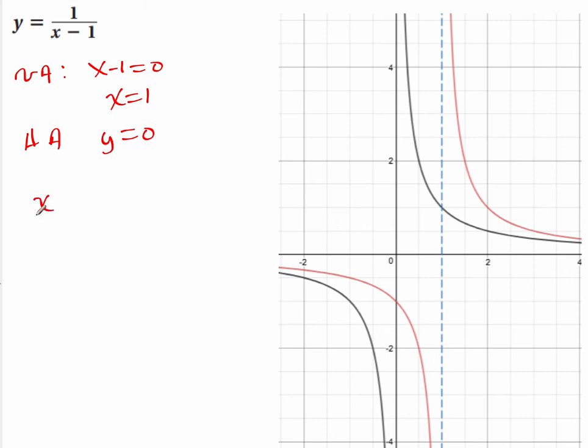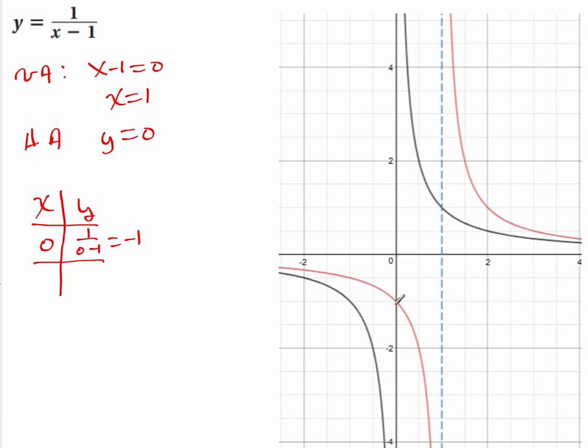And once again, pick a point on either side of your asymptote. So I can actually pick 0. 0 is a good one in this case because when x is 0, y is 1 over 0 minus 1, or negative 1.